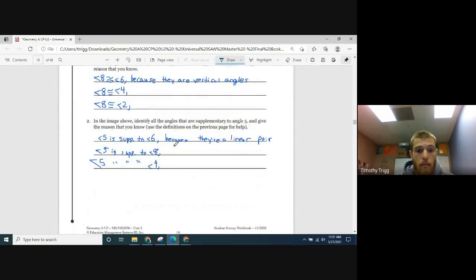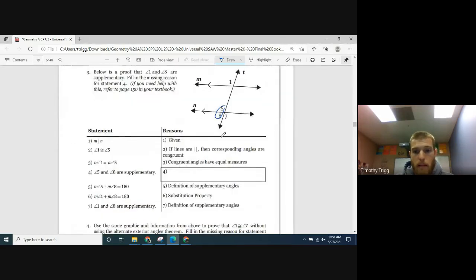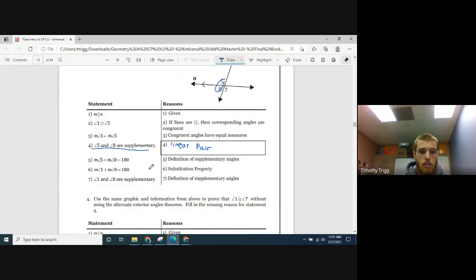Why? Because they were a linear pair. Same thing. These form that straight line together. So how do we know 5 and 8 are supplementary? Because they are a linear pair. Linear pair. And that's it. You're done. Okay? Let's move on.